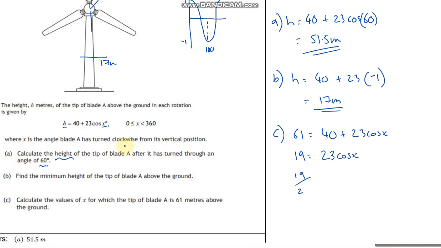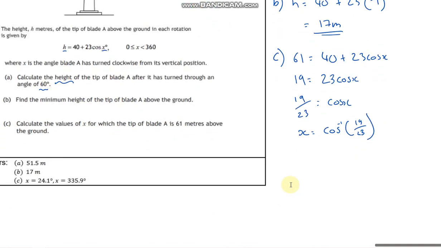Then 19 divided by 23 is equal to cos x. So x is equal to inverse cos of 19 over 23. So calculators out. 19 divided by 23, shift cos of the answer. So that's going to give me 34.3 degrees as an answer.